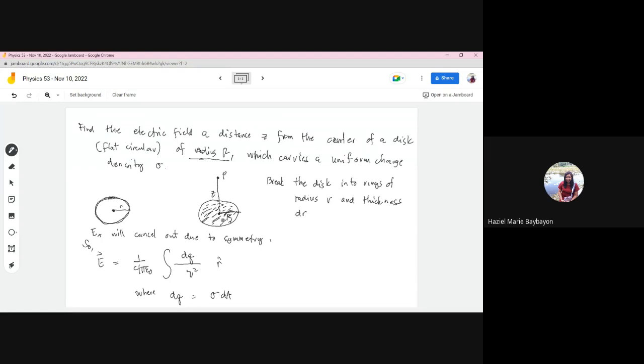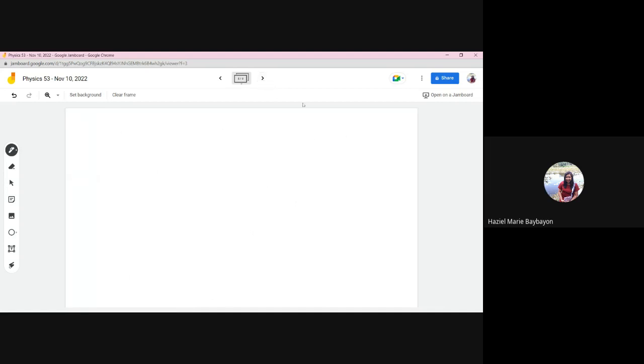Now, since x components cancel, only z components remain, where z is adjacent to the angle theta. Then the electric field along z is 1 over 4 pi epsilon naught integral of sigma dA over r squared, times cosine theta, z hat.